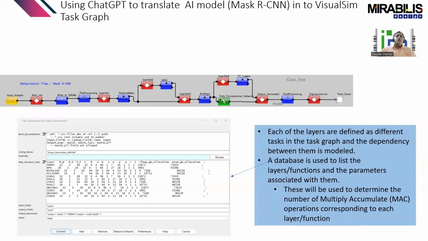But how you define the flow, your task graph, how you describe all the layers, the functionality, and all the criteria associated with each one is very critical, because this determines: do I send it over to the GPU? Do I send it over to the processor? Do I send it over to the TensorFlow, which has specific functionality for multiply, accumulate, things like that.